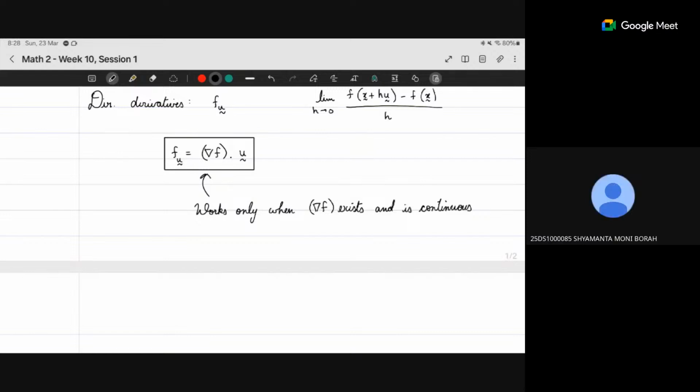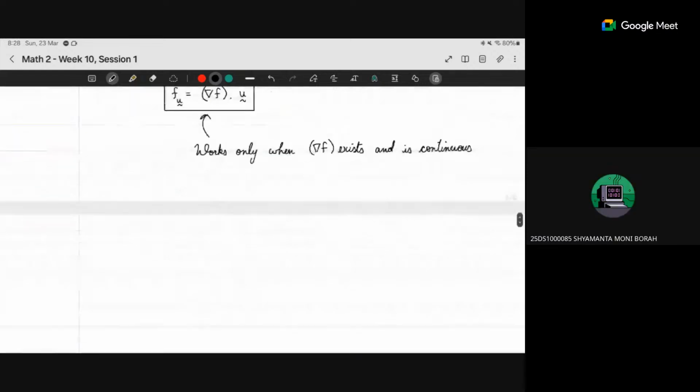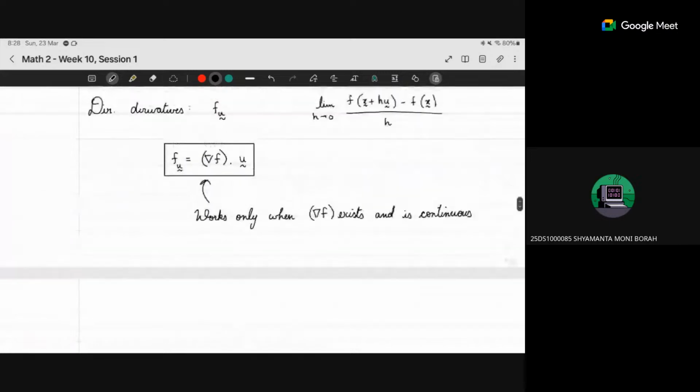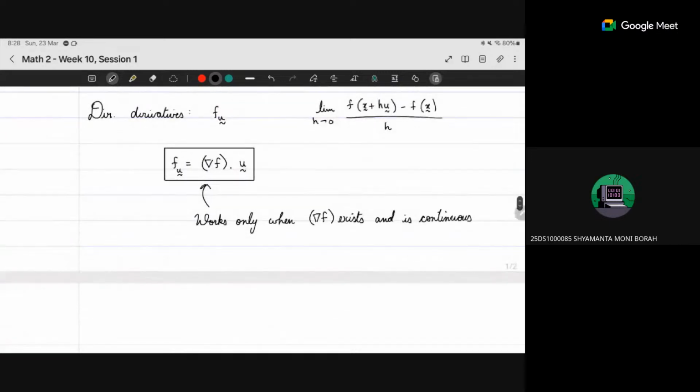So basically, sir, in this case a piecewise function will never be possible, right? What do you mean by piecewise function? For a certain point, it doesn't give the same value. Not always.